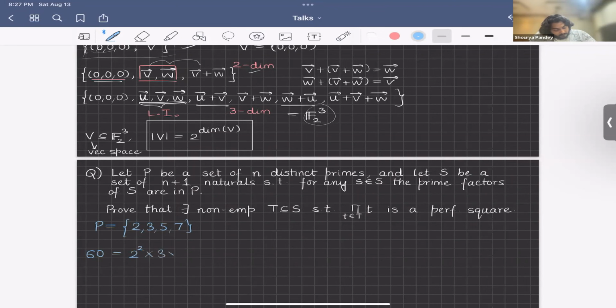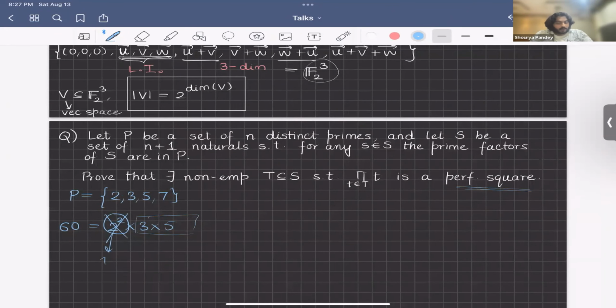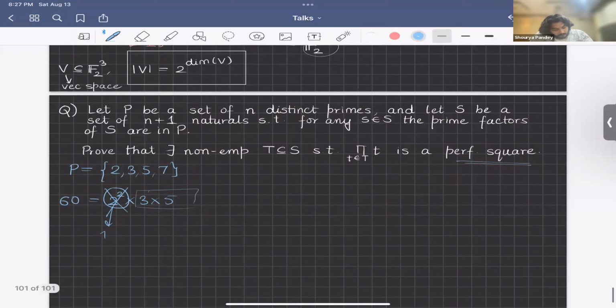Notice that it's 2 squared times 3 times 5, and I don't even really care about 2 squared. For all purposes to me, it is dead. I only care about 3 times 5, because I only care about making the product a perfect square. So I only care about whether the exponent is odd or even.